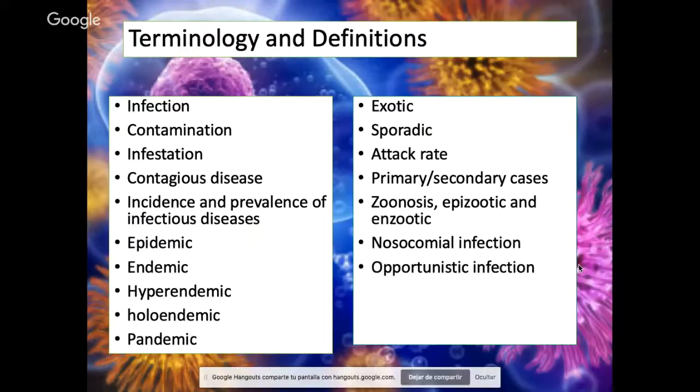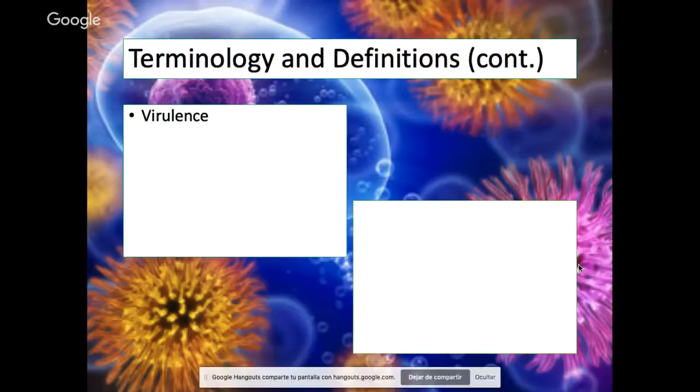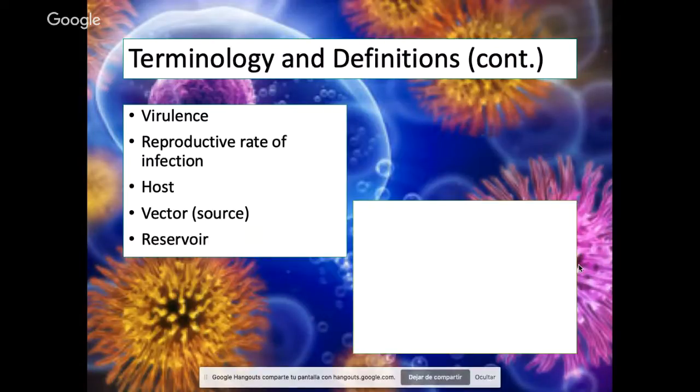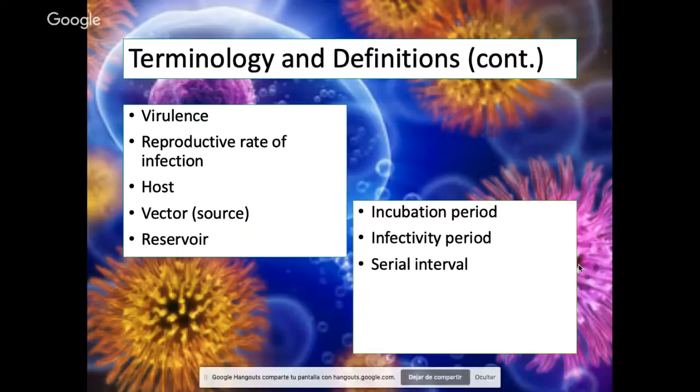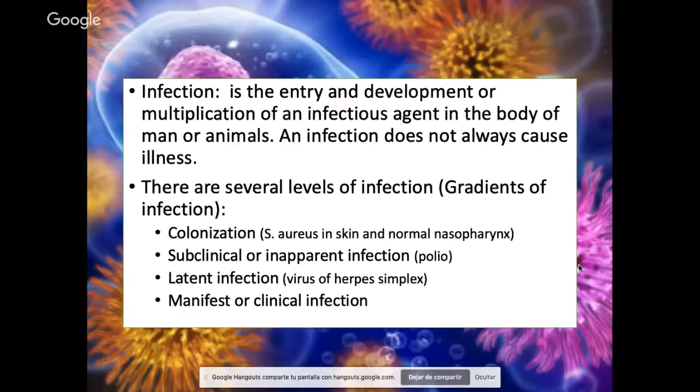Nosocomial infection, opportunistic infection, eradication, and elimination. Also, we need to know what is virulence, reproductive rate of infection, host, vector, and reservoir. Incubation period, infective period, serial interval, latent period, and that's it.